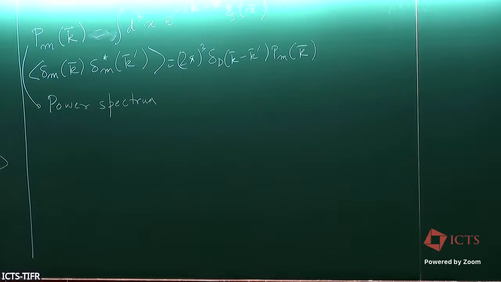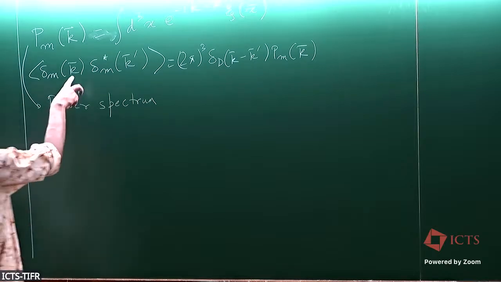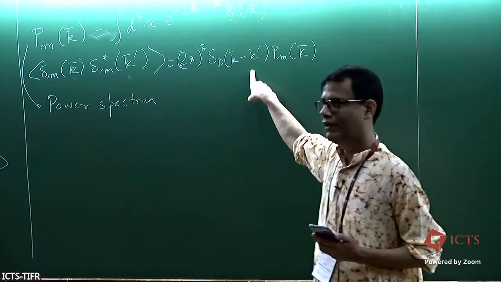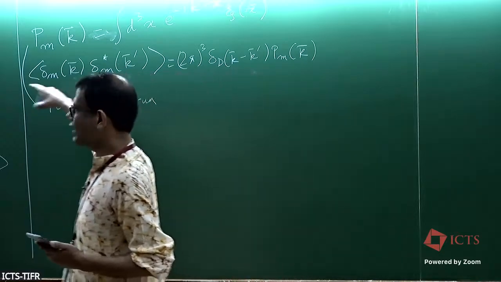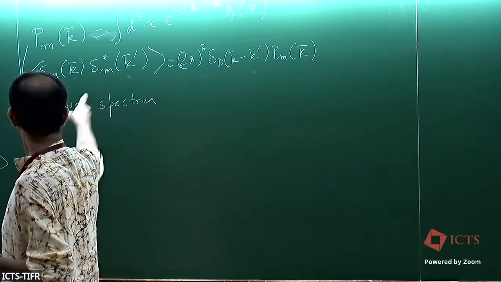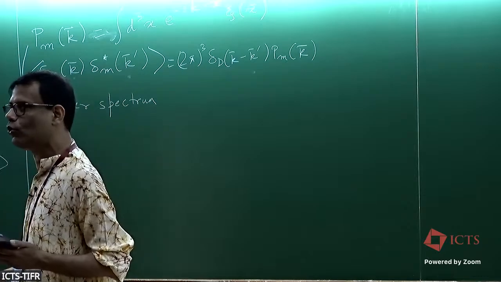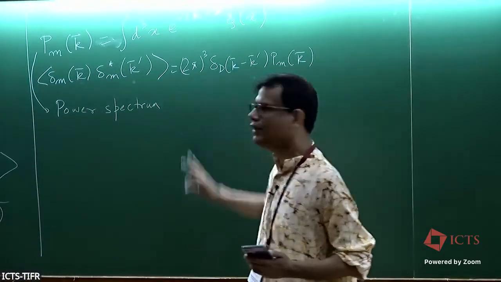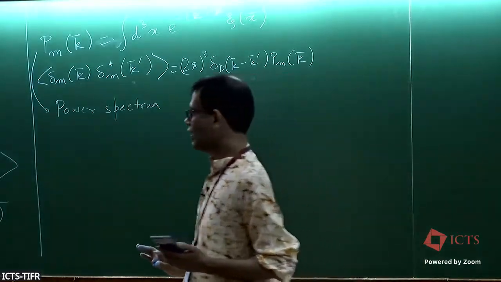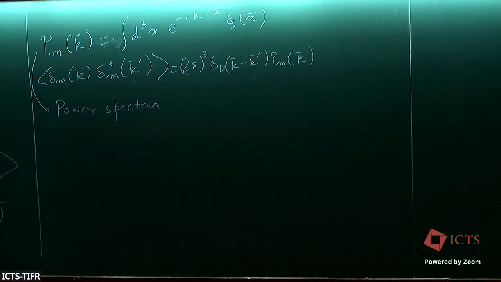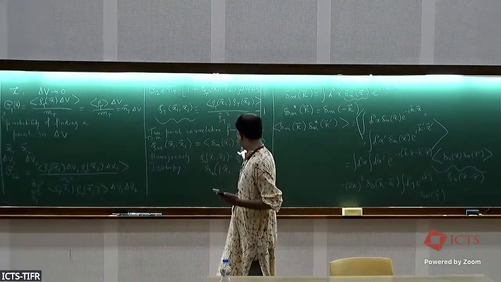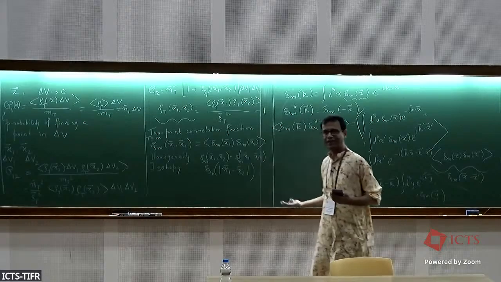The thing to keep in mind is that in Fourier space, different k modes are uncorrelated. So if you take delta m at some k1 and delta m star at some k2, multiply and then average, if k1 and k2 are not equal, this would be 0. That is not the case for the correlation function. If x1 and x2 are unequal, you will still get some value.